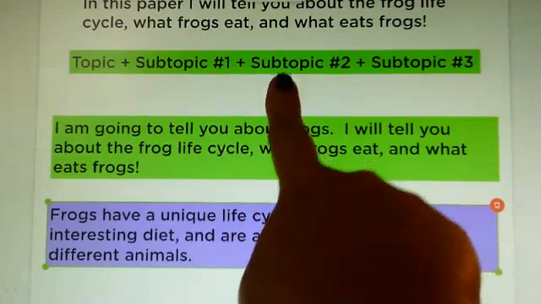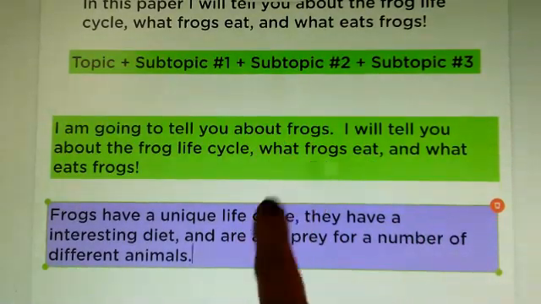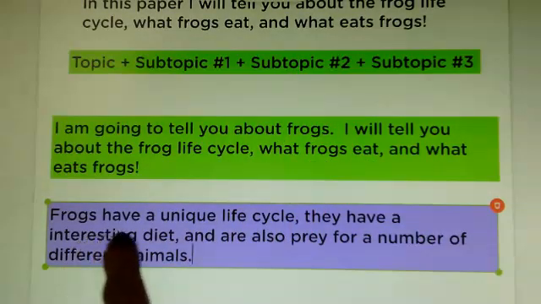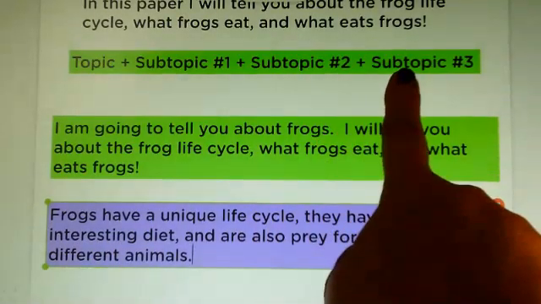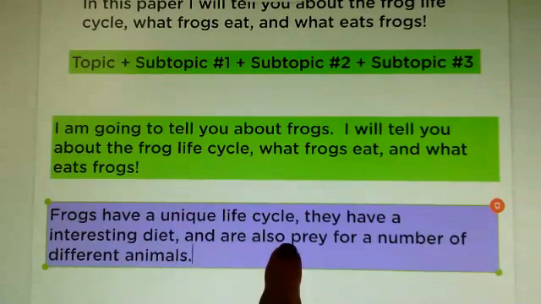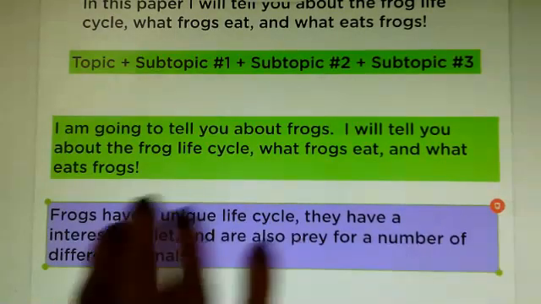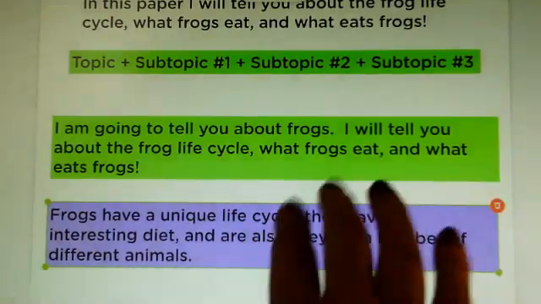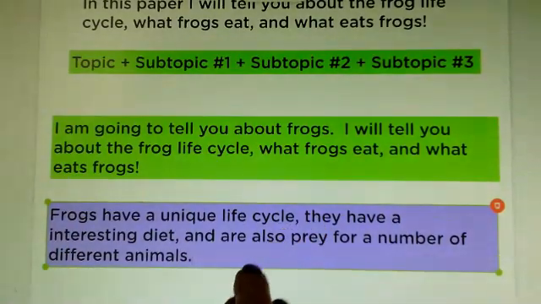Did I introduce subtopic number 2, which is what frogs eat? Yes, they have an interesting diet. And did I introduce subtopic number 3, what eats frogs? Yes, I said that they are prey for a number of different animals. So I have efficiently written what my readers are going to be reading about.